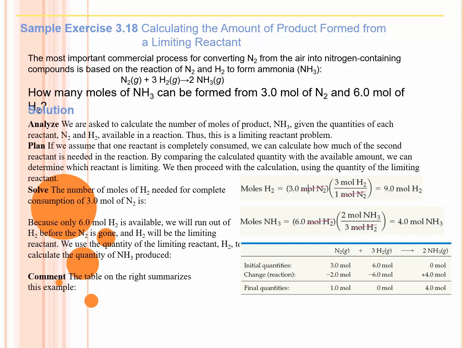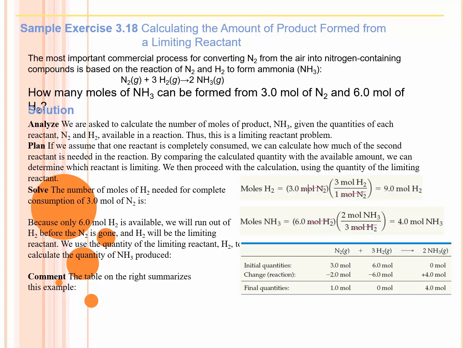Solve. The number of moles of hydrogen needed for complete consumption of 3 moles of N2 is this. Moles of H2, 3 times 3 divided by 1, 9. Now, because we only have 6 mole of H2 available, we will run out of H2 before the N2 is gone, and H2 will be the limiting reactant.